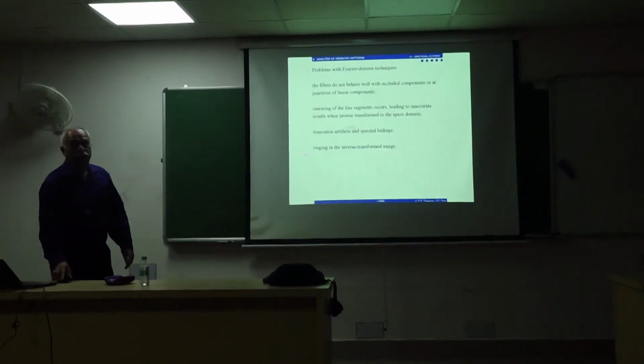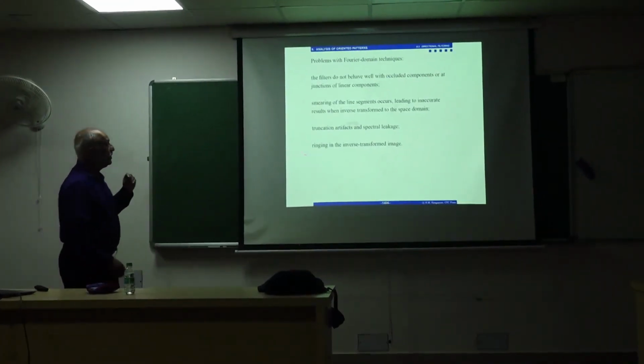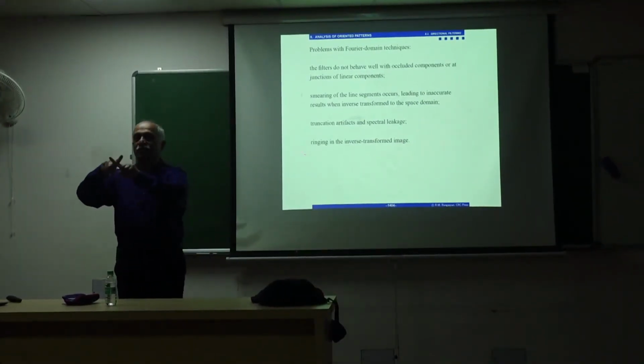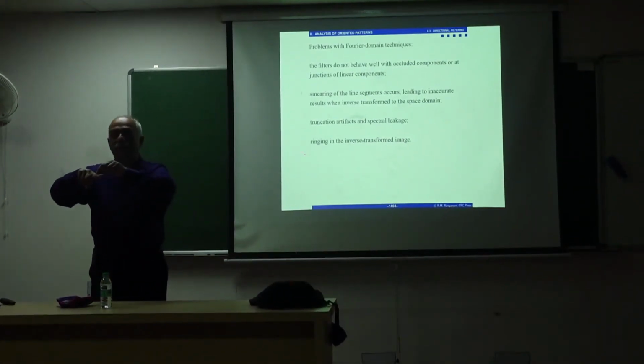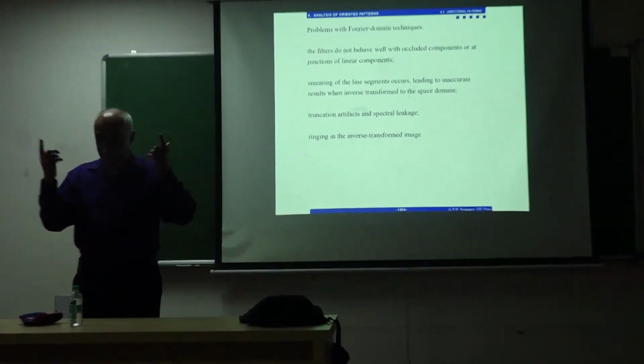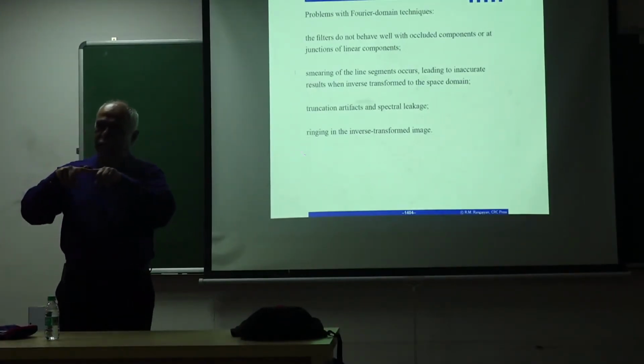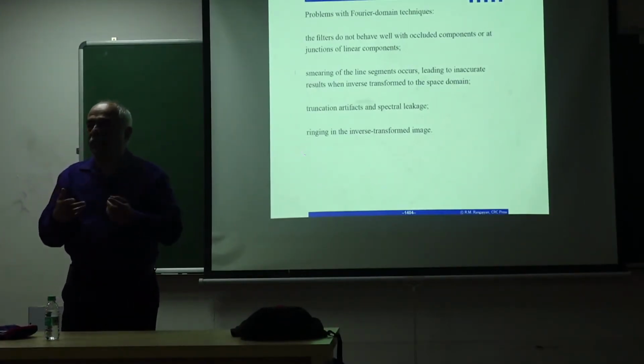The problem with the Fourier domain technique is filters don't behave well with occluded components. If there are two lines like this, what is the orientation at the intersection? There is no orientation there. You need a certain length in order to define orientation.